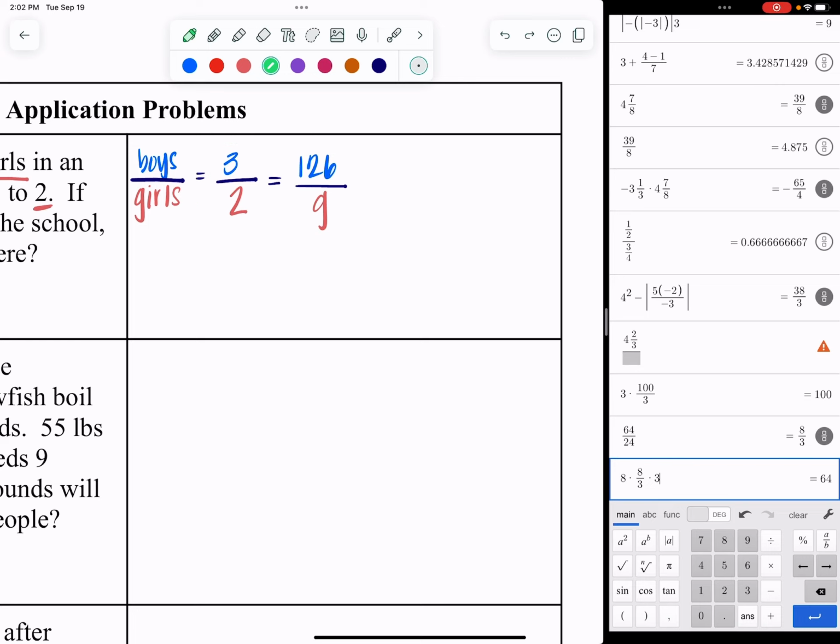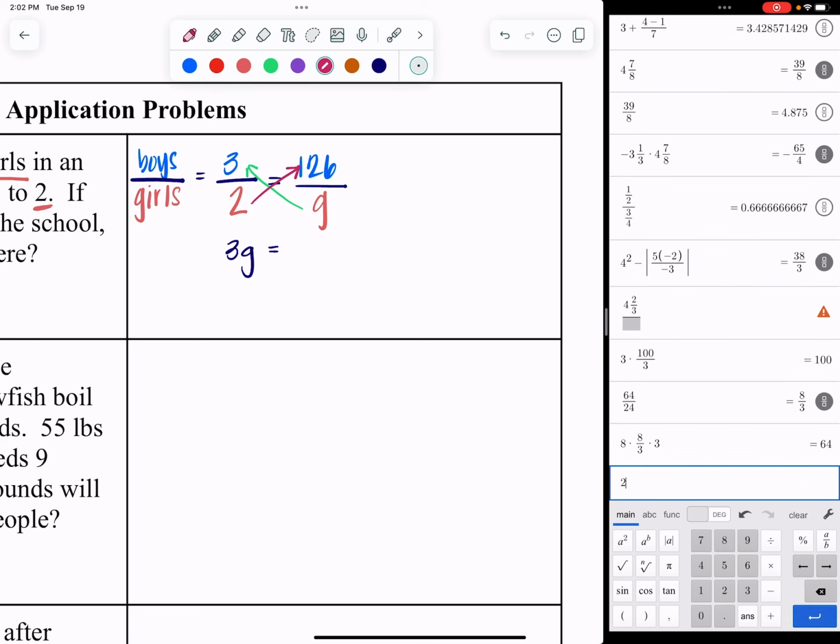So I'm going to cross multiply. I know that G times 3 is 3G. I know that 2 times 126 is 252.